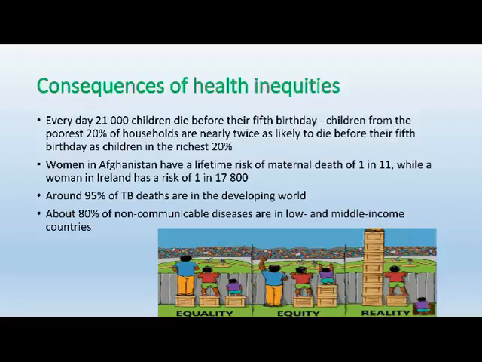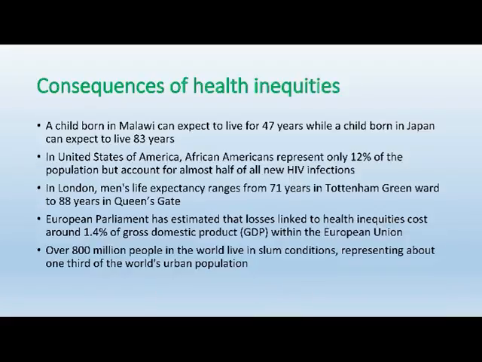The exorbitant costs of NCDs are forcing 100 million people into poverty annually, stifling development. Besides that, healthcare inequities result in life expectancy varying by 36 years between countries. In low-income countries, the average life expectancy is 57, while in high-income countries, it is 80. A child born in Malawi can expect to live for 47 years while a child born in Japan can expect to live 83 years.